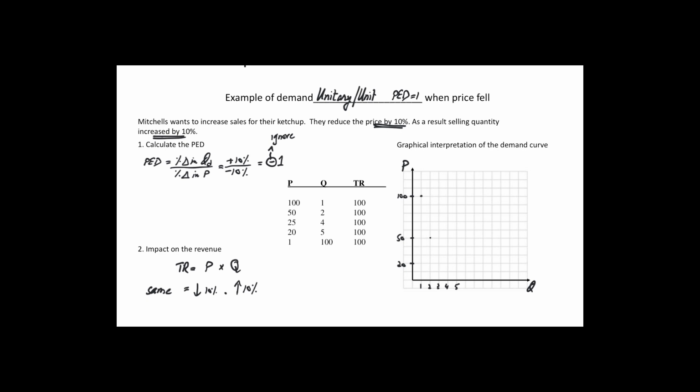Now when the price falls even further down to 25, what we see is the quantity sold now has to be 4. It has no choice. Agar unitary hai, to it has to be 4. When you reduce the price even down to 20, now you're selling about 5. And when the price is 1, that's going to be down here, somewhere really far down, and the quantity is going to be far away at 100.